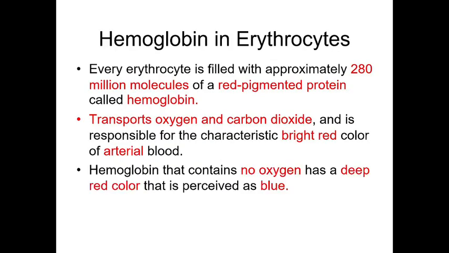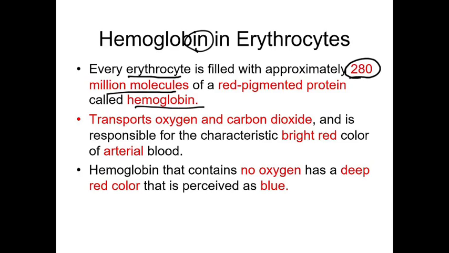Now, what is it that actually carries the oxygen in red blood cells? There's a protein called hemoglobin, right? Ends in IN, it's a protein. And every one of your red blood cells is filled with about 280 million molecules of this pigment called hemoglobin.